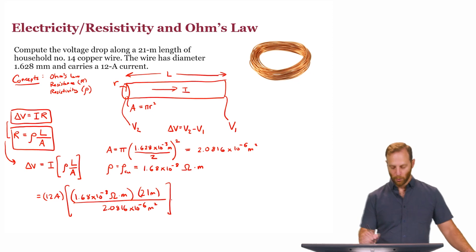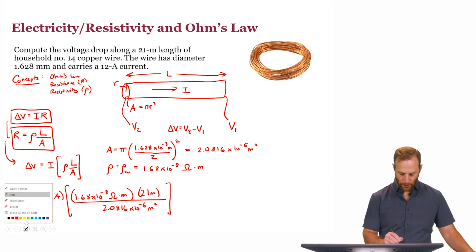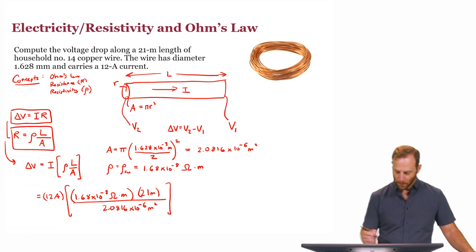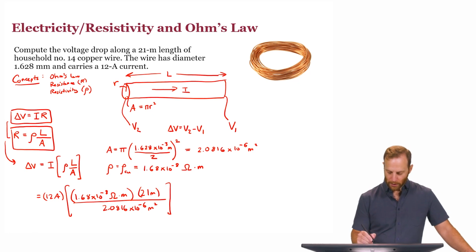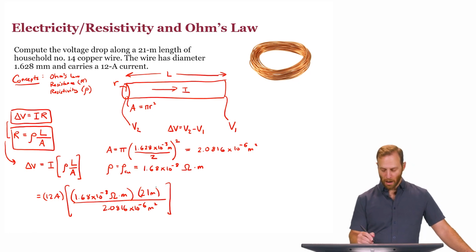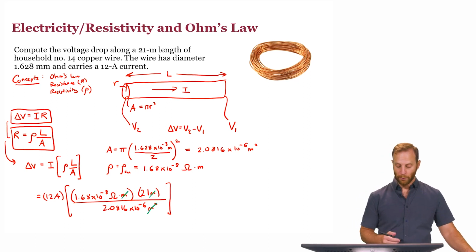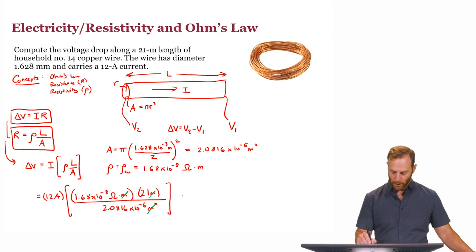We can work this out with a calculator, but let's check that these units actually do what they're supposed to do. We have on top meters times meters, so there's meters squared on the top and meters squared on the bottom, so those do cancel, and we are therefore left with amps and ohms. The number we get here is 2.03 amps times ohms.